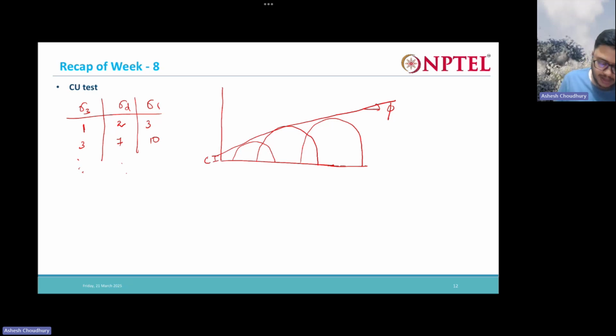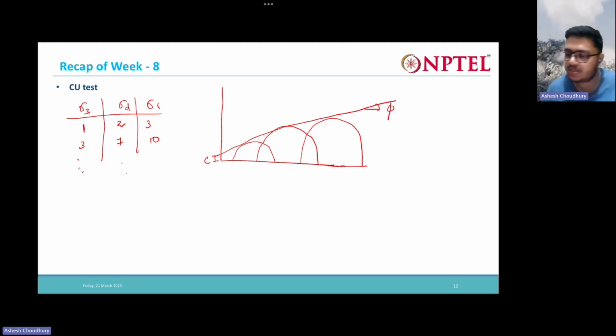Now during the application of the deviatoric load, in the shearing stage, you are keeping the drainage valve closed because it's an undrained test. So when you apply the load, some pore water pressures are going to get generated.